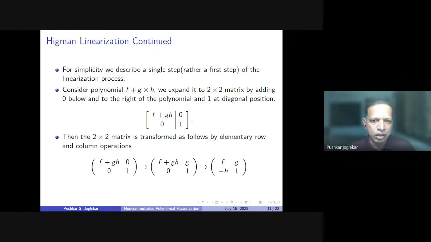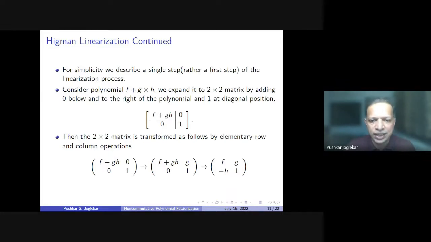Now we apply a row operation and a column operation on this 2 cross 2 matrix as shown in the last equation, where the first is a row operation in which we add g times the second row to the first row, and the second is a column operation in which we subtract the second column times h from the first column.